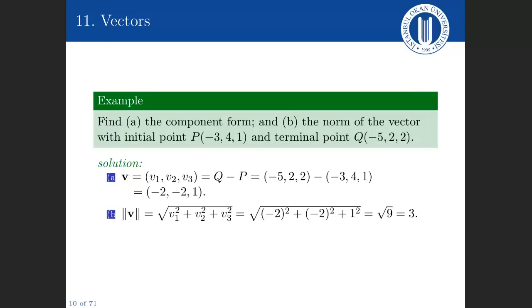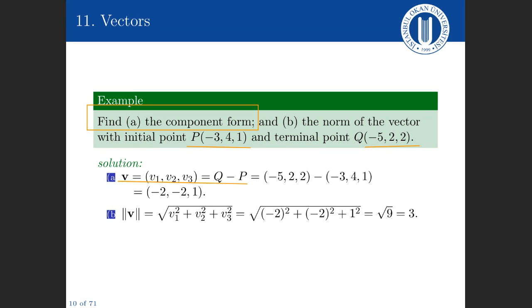For example, find the component form of the vector with initial point (minus 3, 4, 1) and terminal point (minus 5, 2, 2). We're trying to find this vector v, which starts at p and ends at q.